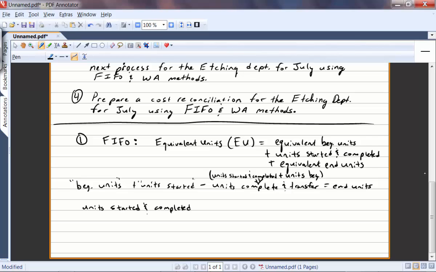So if units started and completed plus units in the beginning are equal to units completed and transferred, then you can rearrange, right? You get that units started and completed are equal to the units completed and transferred minus the units in the beginning.